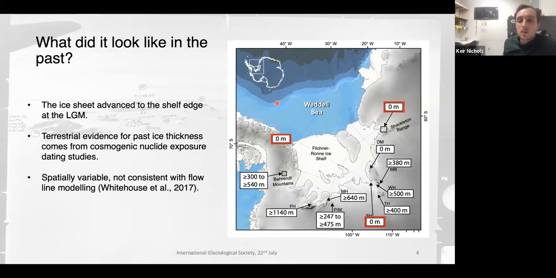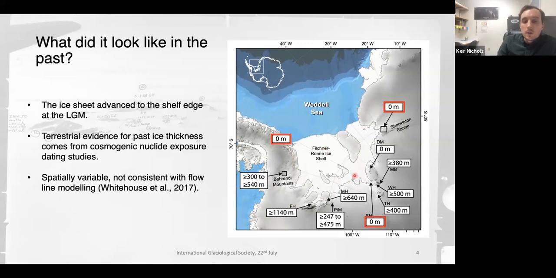So the values on the right-hand side are in meters, and they show, from past cosmogenic nuclide exposure dating studies, how much thicker the ice sheet was. And you can see some of them show that the ice sheet was at least over 1 kilometer thicker. And then other study sites maybe between 300 to about 0.5 kilometer. And then these ones in red show it wasn't thicker.